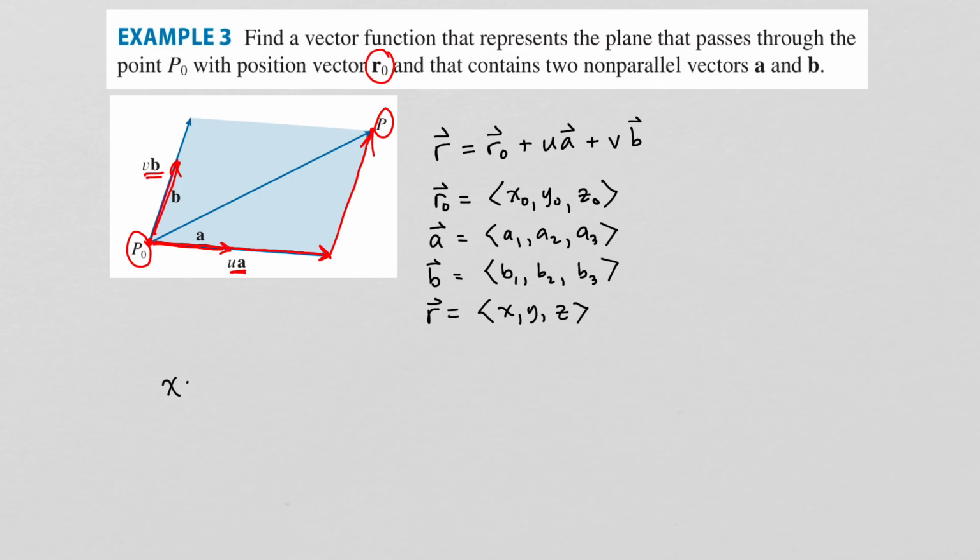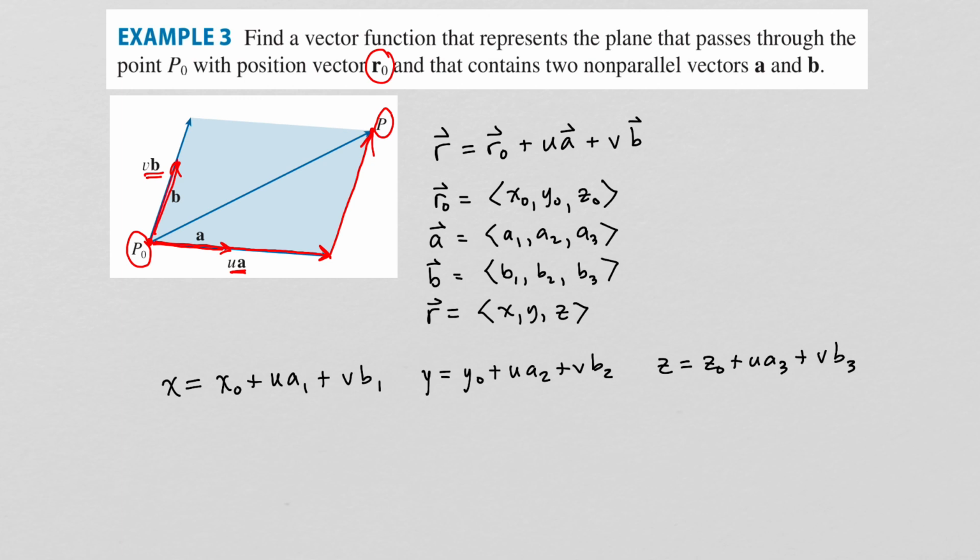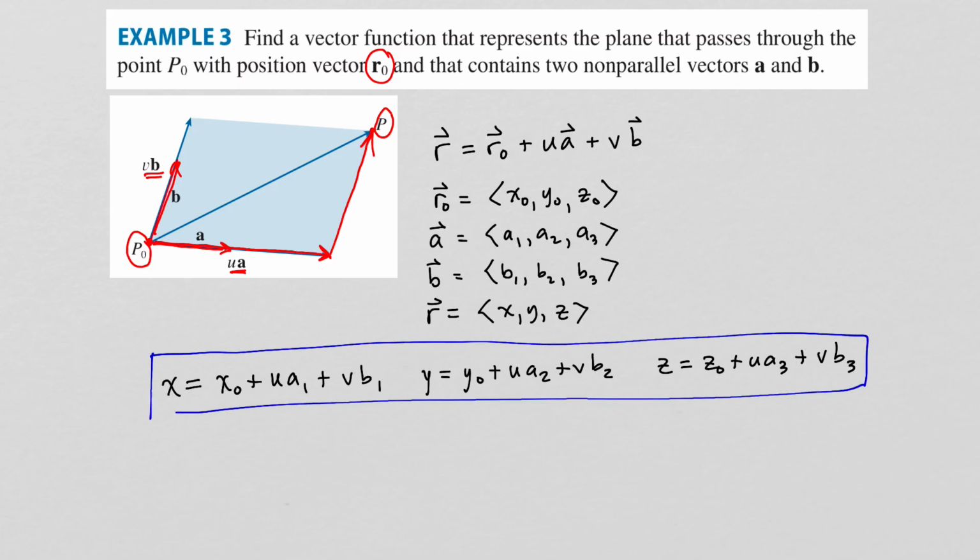That means that x would have to be equal to x0 plus u times a1 plus v times b1. y has to be y0 plus u times a2 plus v times b2. And z has to be z0 plus u times a3 plus v times b3. And so anytime we have two non-parallel vectors, a and b, and a point on the plane, we can always write the parametric equations for that plane as follows.